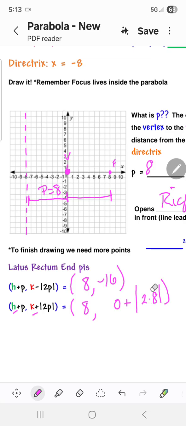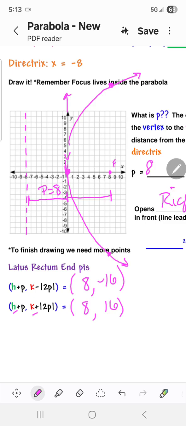The absolute value of 16 is 16. Tack on a positive, it's still 16. So basically, way over here and way down here, and I've got to go way out this way. My graph doesn't go up to 16, so you have to imagine with me here, okay?